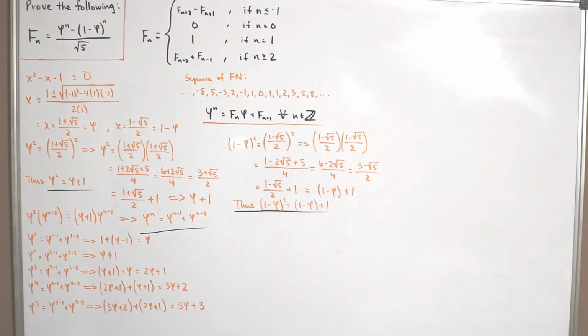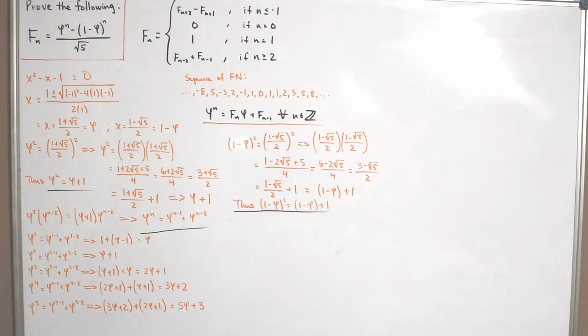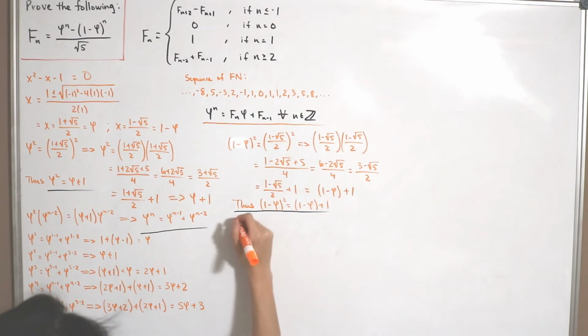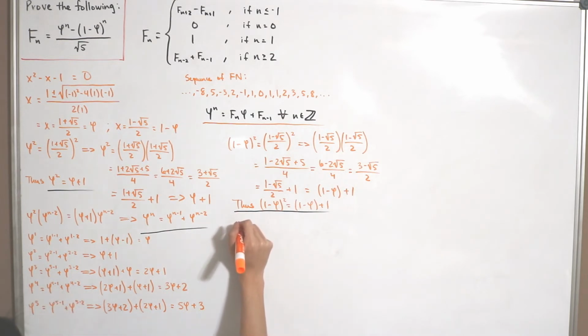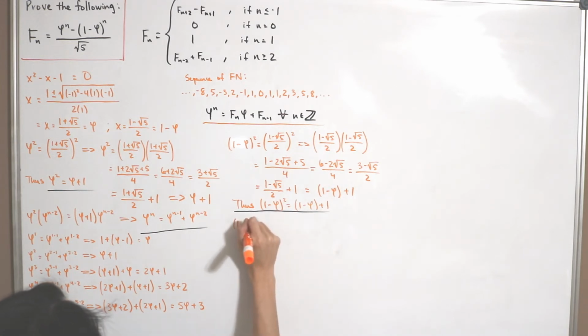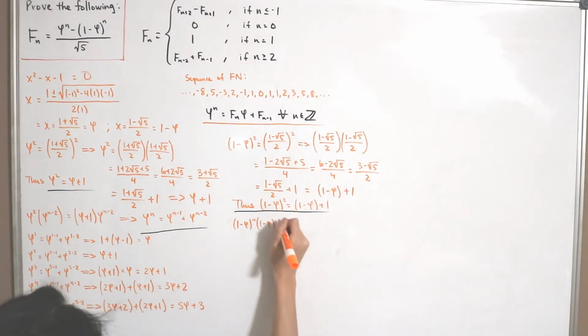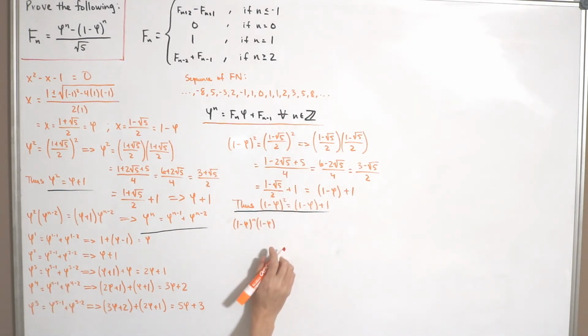And now next, what I want to do is perform the same method from previously. I'm going to multiply by 1 minus phi to the power n minus 2. So when I do this, I'll get 1 minus phi to the n, and then multiply this with 1 minus phi to the n minus 2.